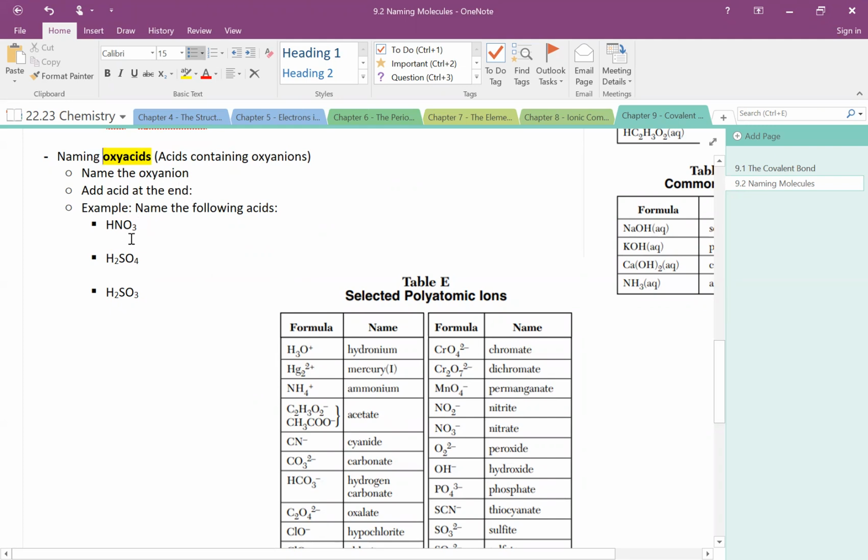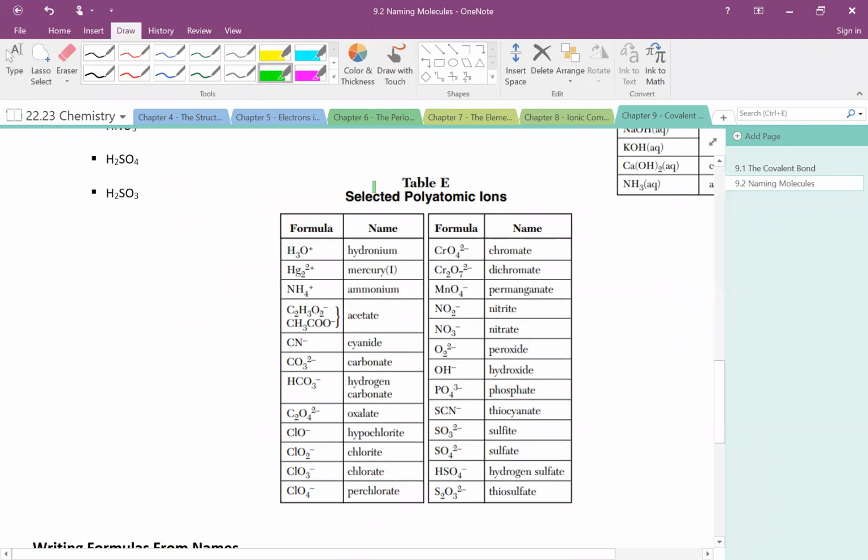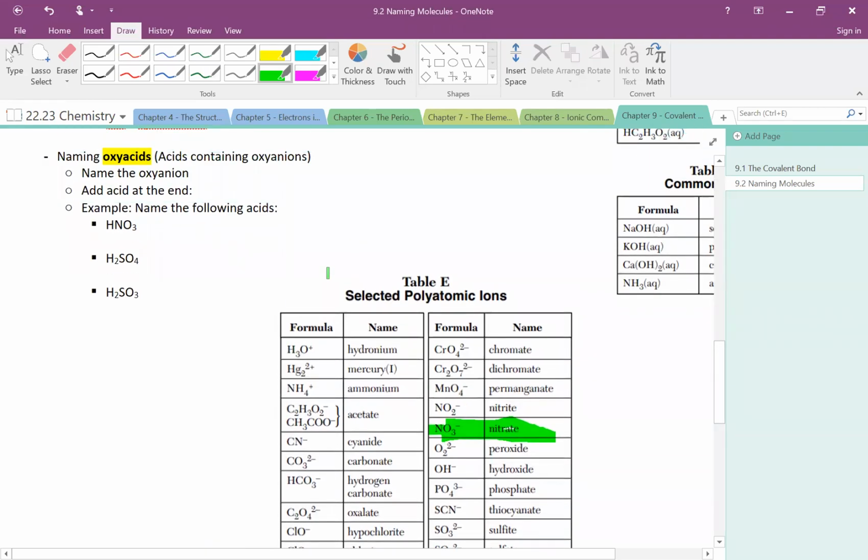So for example, HNO3: if I find NO3 on my reference table, it's right here, nitrate. So that becomes nitric acid. So we have our oxyanion of nitric acid here.